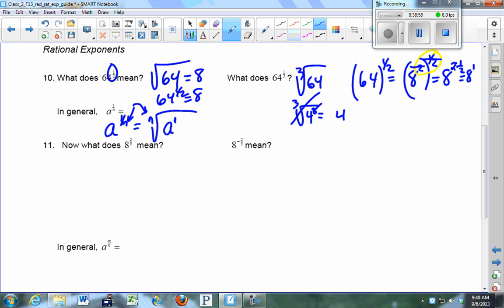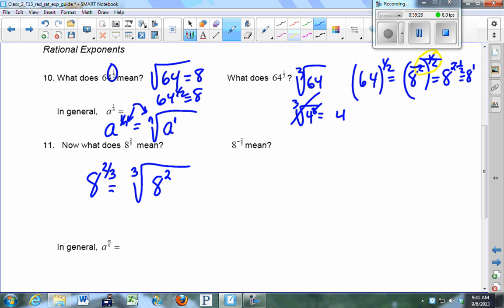Okay, and now generally if you have 8 to the 2/3, I'm going to show you several different ways to do this, and you pick whatever makes the most sense to you. Some students like to do it this way. Some students will convert this to a radical. I'm taking the cube root of what's left. Once I pull this 3 out of here, I have 8 squared left.